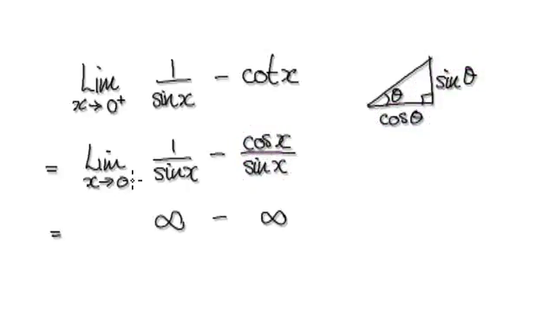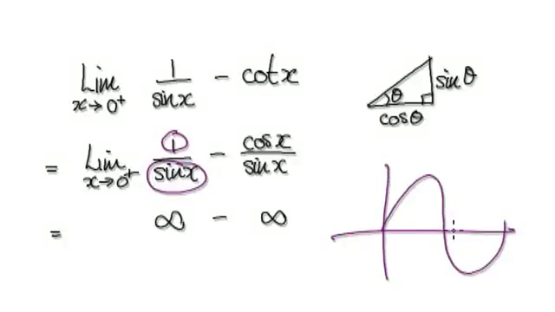Now as x tends to 0 from the positive side, then this thing here will be infinity, because, well, sine of x as x tends to 0. Remember, sine looks like this.